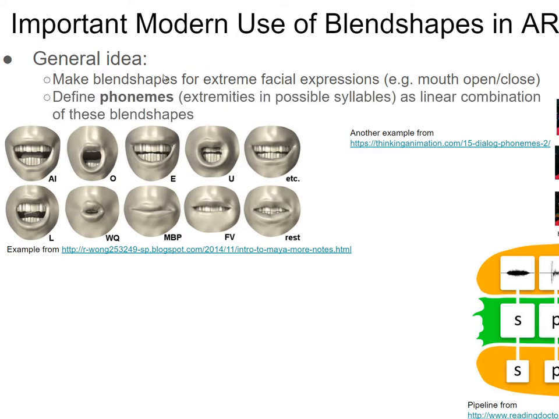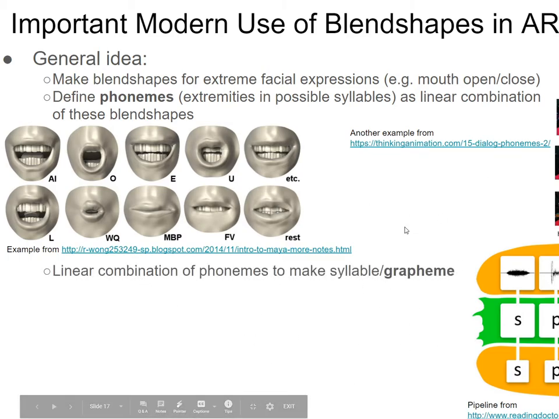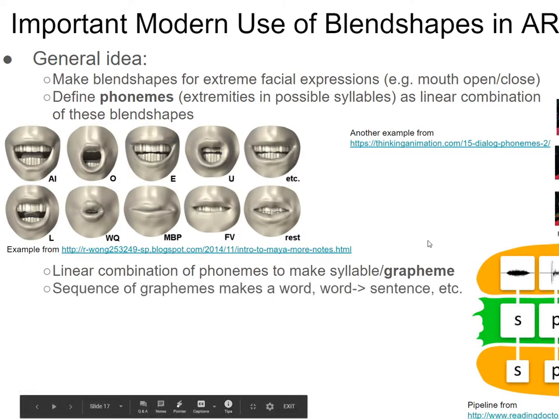You define phonemes, which in language are the extremities of possible syllables that you can use to talk, as some linear combination of blend shapes. You can do a linear combination of phonemes to create graphemes, which are syllables basically, and you could keep going on and on to make words and sentences and so on.